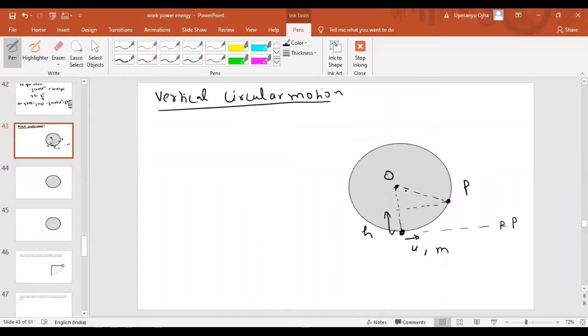Now let us suppose this string makes an angle theta from the vertical. If I take the bottom point as A and this point as P, this is height h.